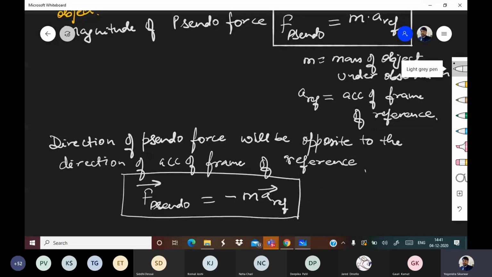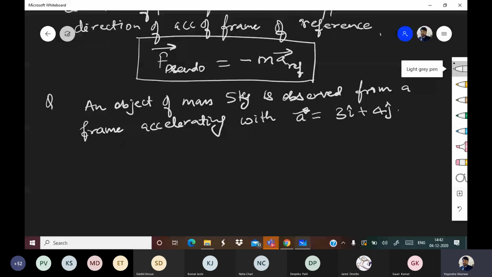So now let me give you a question. An object of mass 5 kg is observed from a frame accelerating with A vector is equal to 3i plus 4j minus 5k meters per second square.